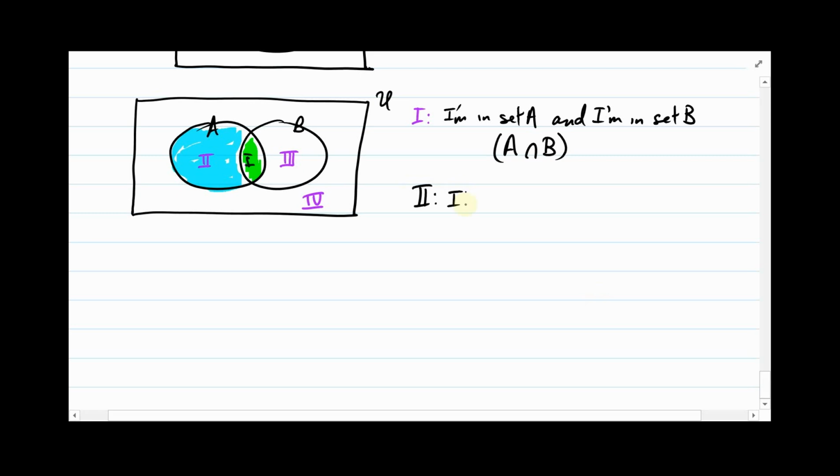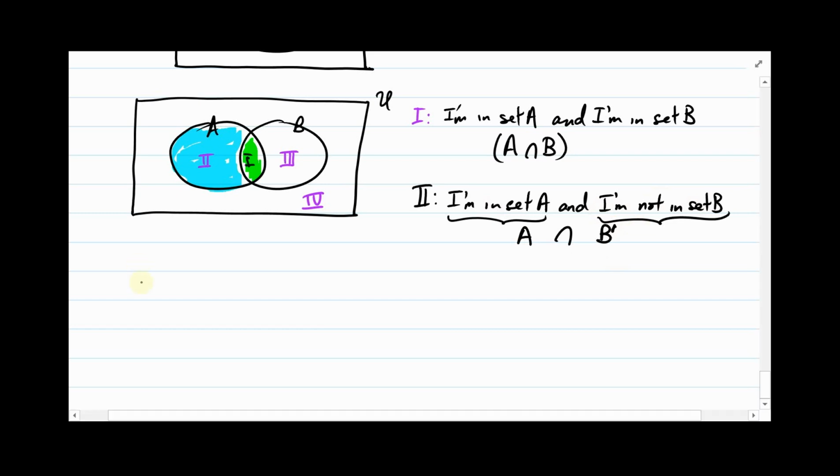The response will be, yes, I'm in set A. Am I in set B? No, I'm not in set B. So I am in set A, and I'm not in set B, so I must be in the complement of B. With the word "and", it is A intersected with B complement.